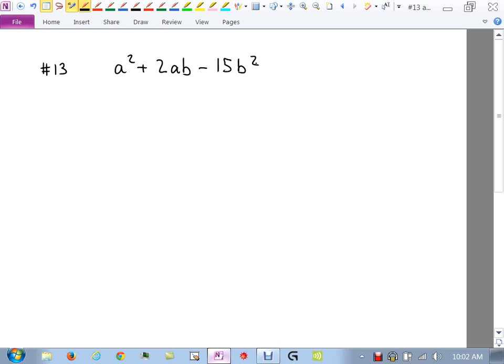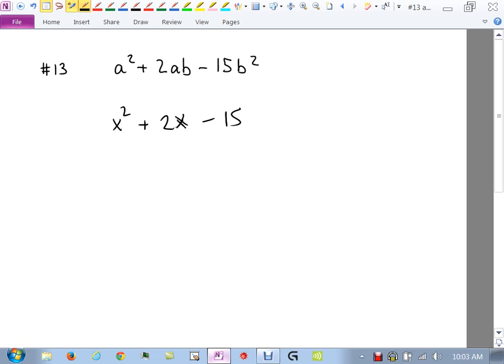So let's look first for GCF. Do you have GCF here? No. We have a trinomial, right? 3 terms. So since we have 3 terms, we will try an AC method. Now, notice that this is the first time we've ever had this. Not only do we have a variable squared, kind of like x squared plus 2x minus 15, which we've seen before, with x squared, an x, and just a number.